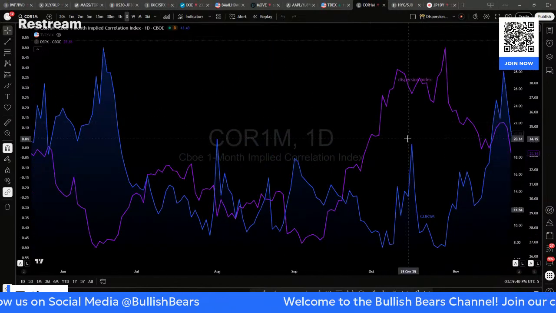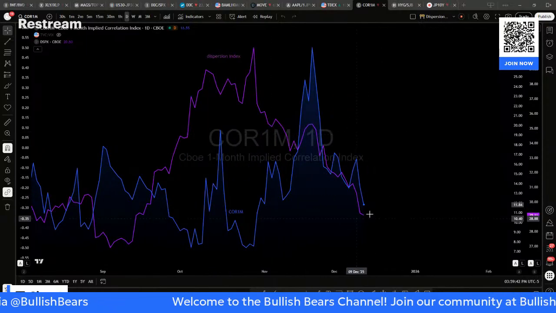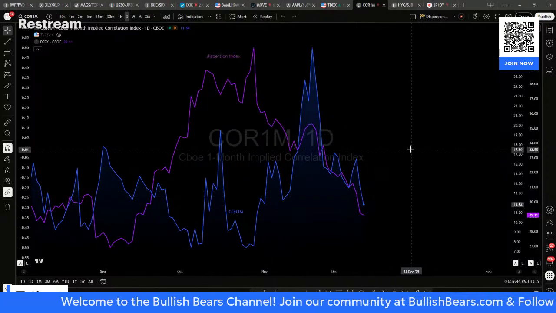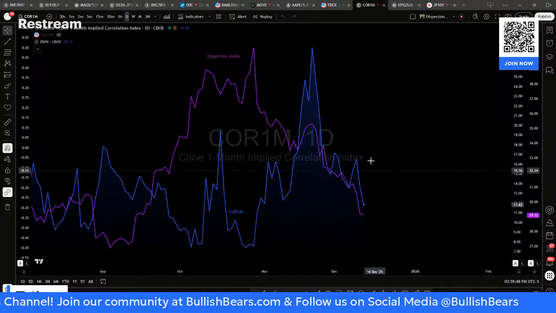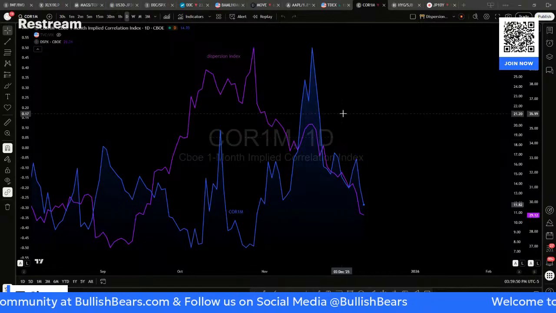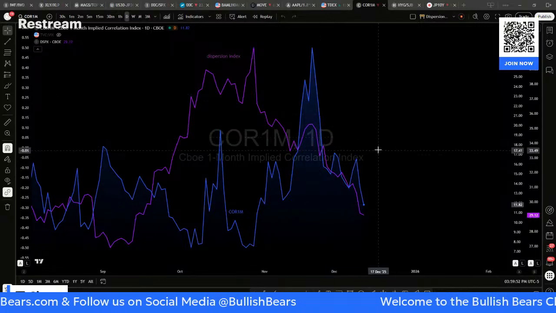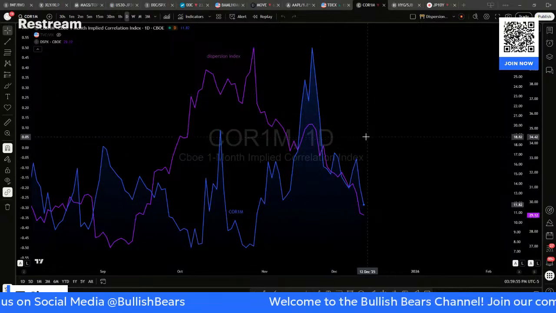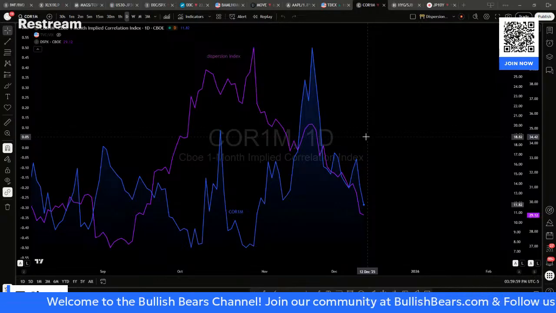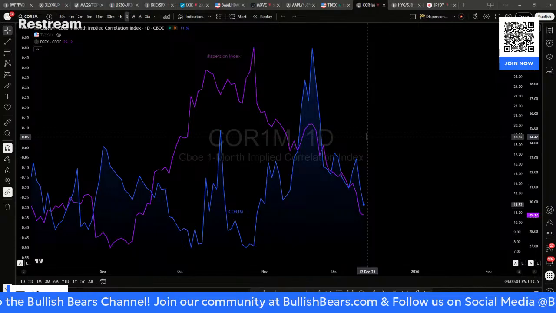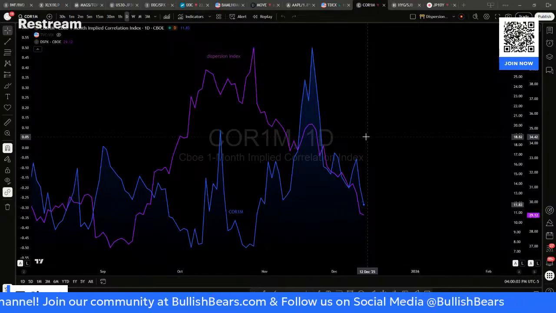When this is pointing down, it says correlations are weakening. Correlations are strong when it's high, it's weakening when it's coming down. It's easier to be a stock picker when all stocks are doing the same thing. It's like throwing darts at a barn.